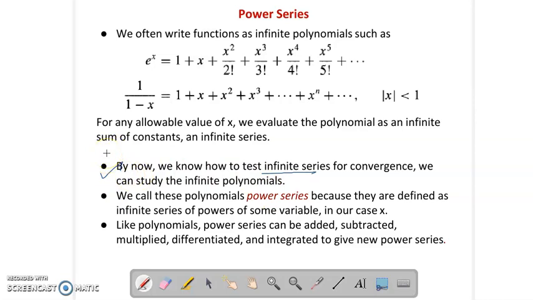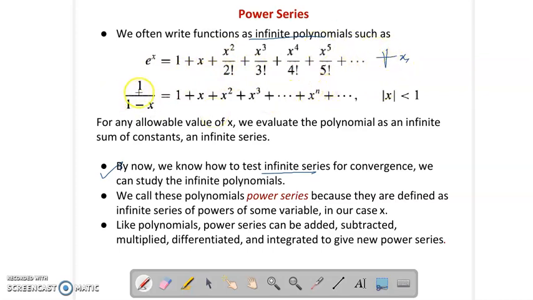Next thing is, often we write functions in terms of infinite polynomials. We know that e to the power x can be expanded in the form of this polynomial, and we can write it as 1 plus x plus x square by 2 factorial, keep on going like this, and this is for all x, right? We can write this for all values of x.